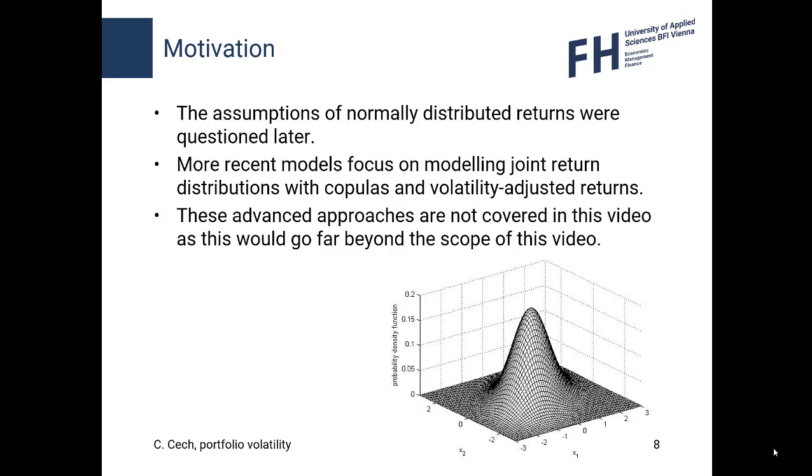A lot of people like to model joint distributions with so-called copulas, which replace the concept of correlation, and they use volatility adjusted returns to calibrate their models. But these approaches go beyond the scope of this video. So in this video we will focus on normally distributed returns.